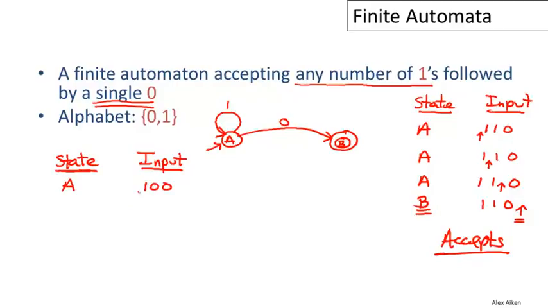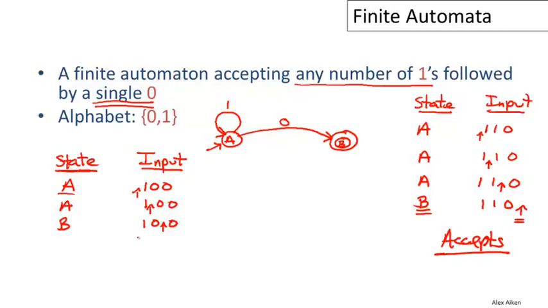And let's confirm that this is not in the language of the machine. All right, so we begin in state A, and our input pointer is there. Now we read a 1, and from state A on a transition of 1, we stay in state A, and the input pointer advances. And now we see a 0, so from state A on input 0, we make a transition to state B.